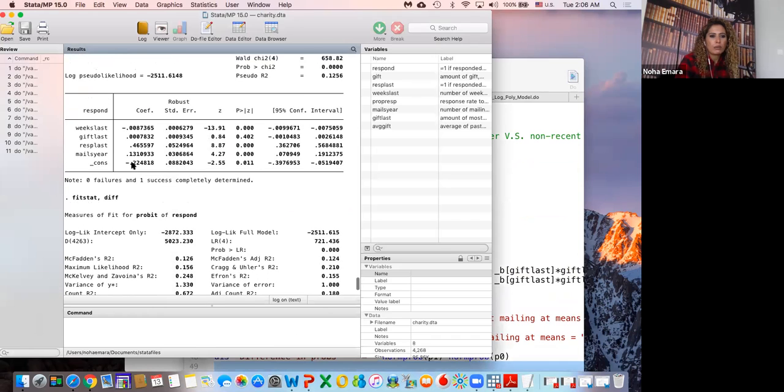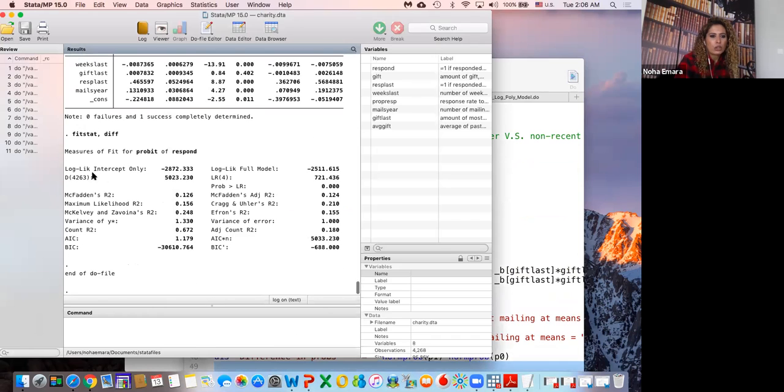Computing the fit stat, which is all the measures of fit as I have explained in the video, right? And remember, these are the comparison between a model that has, for example, the maximum likelihood R-square is the difference between a model that has all the variables included as compared with a model that has just the intercept.